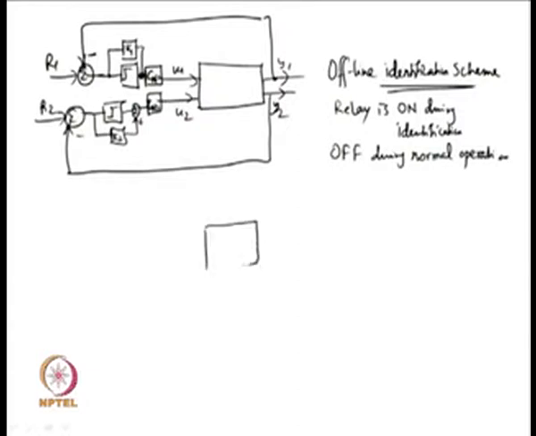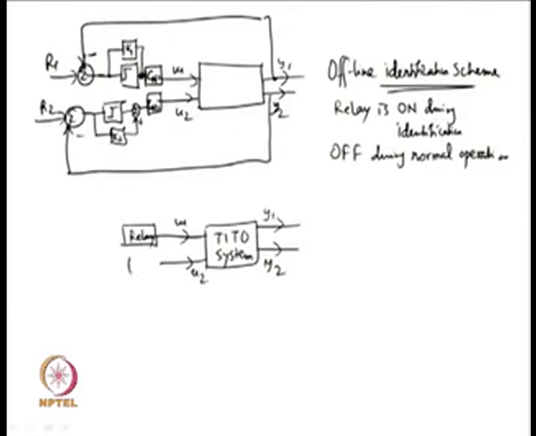Given a TITO system, again this is your TITO system which has got two outputs Y1 and Y2 and corresponding inputs U1 and U2, I can add a relay, of course in parallel with a controller.